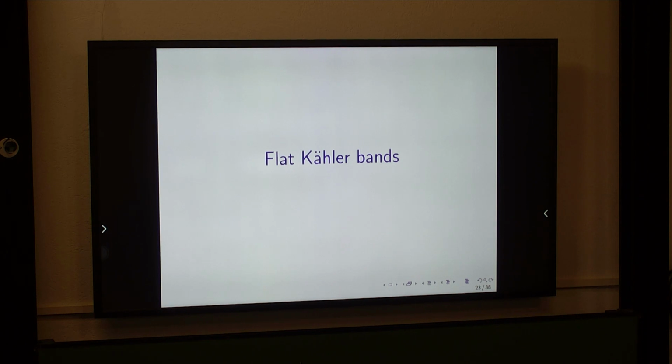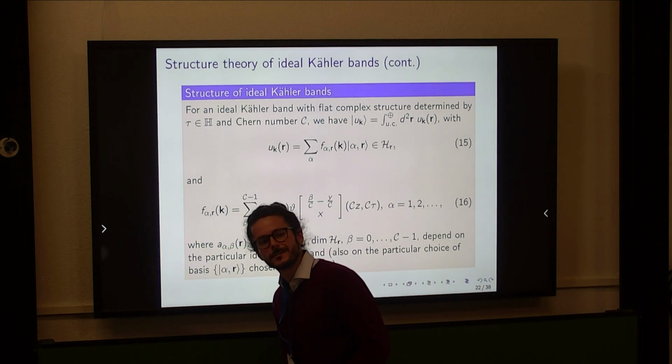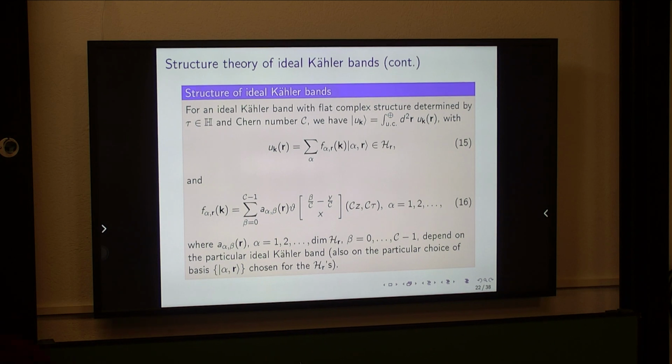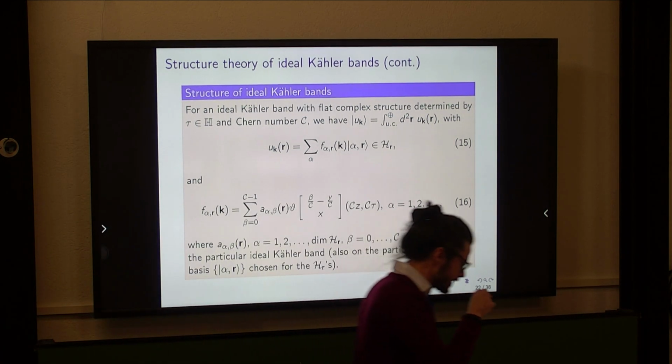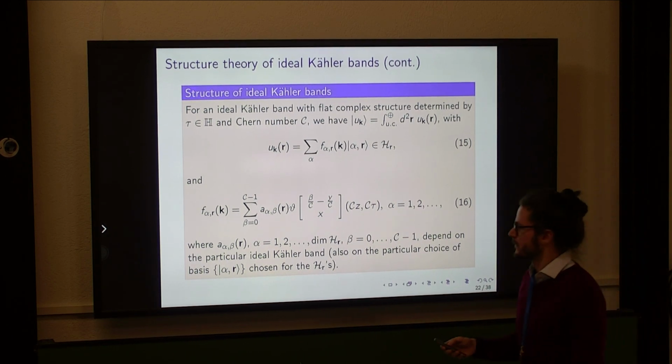Sorry, one quick question. What were x and y again? X and y, very good point. They are the coordinates here, in R2. Because remember that little r labeled the point in the unit cell. So it's real space coordinates. Yeah, very good question.